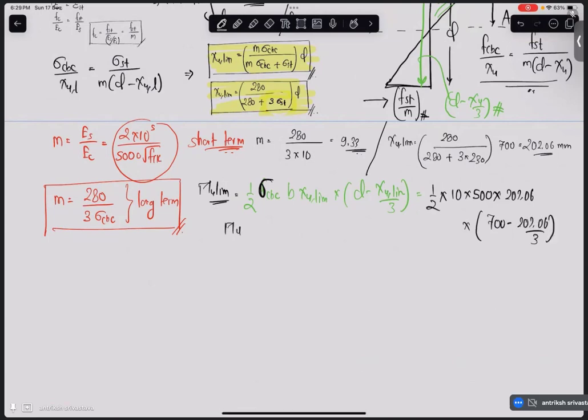So Mu limiting is going to come out to be 319 point something kilonewton meter. Remember, whatever will come in Newton mm, you have to divide it by 10 power 6 to convert it into kilonewton meter. Okay, this is coming to be our Mu limiting.